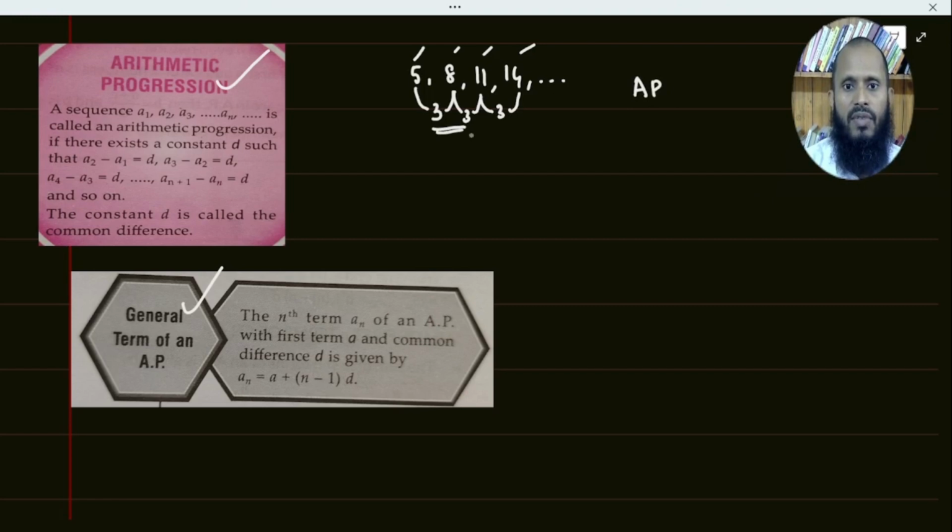This constant which is added to each term is known as common difference, and usually it is denoted by the letter small d. Okay. Similarly, I can say that whenever you subtract a term from the next term, what you will get is actually this constant common difference.